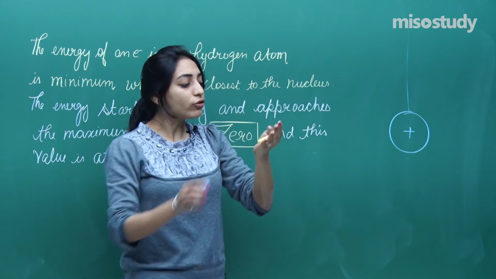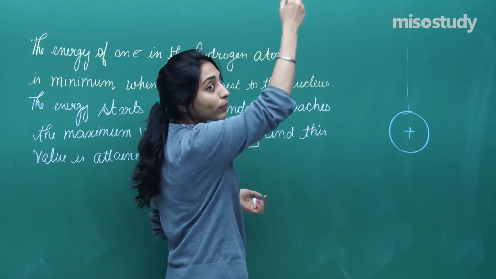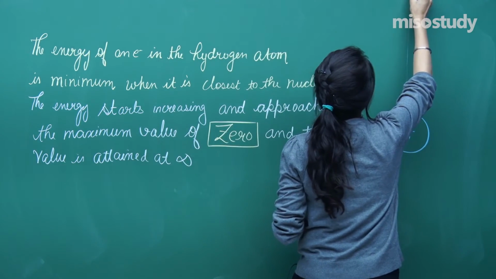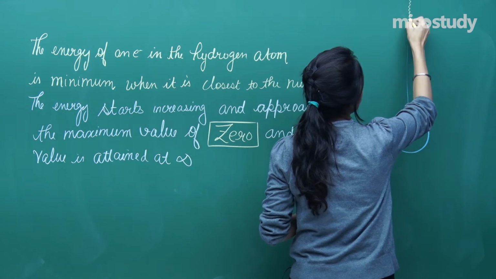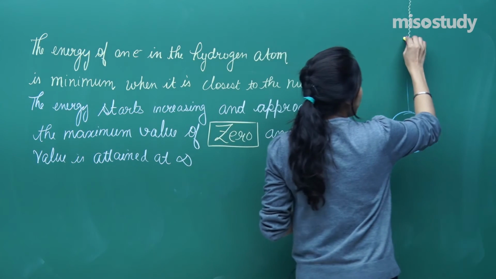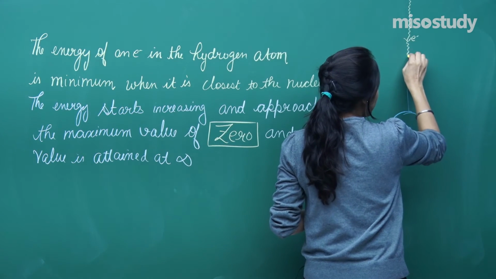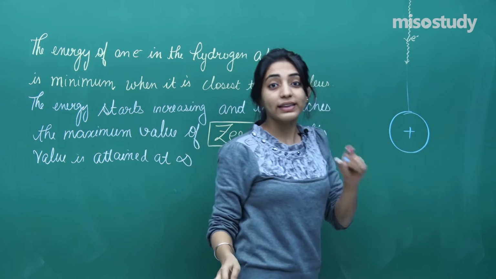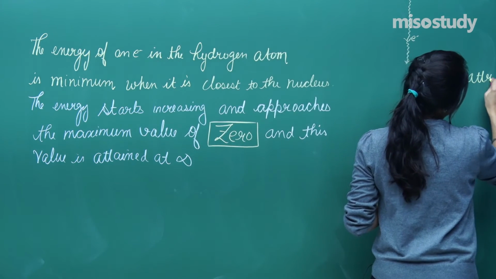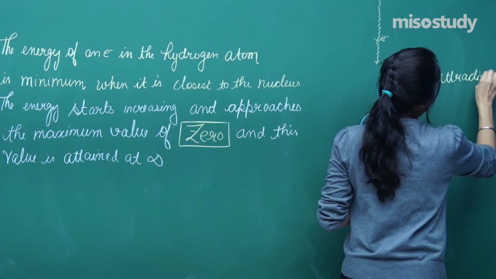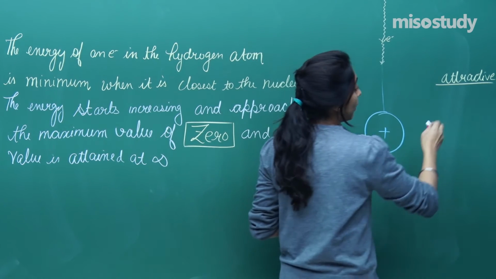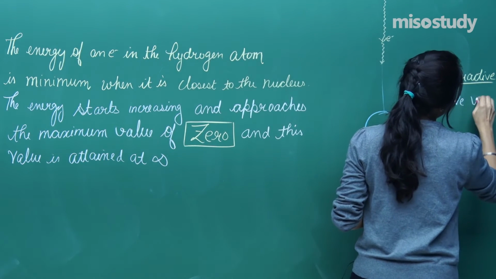Okay. Now just see, suppose I am starting from infinity. I can see infinity, you can't. Suppose I am taking the electron and it is moving towards the nucleus, nucleus, nucleus. Now you would have started seeing the electron, right? So if the electron is coming close to the nucleus, then there will be an attractive force, and we know that the attractive force must have a negative value.